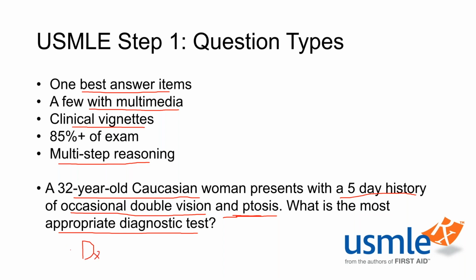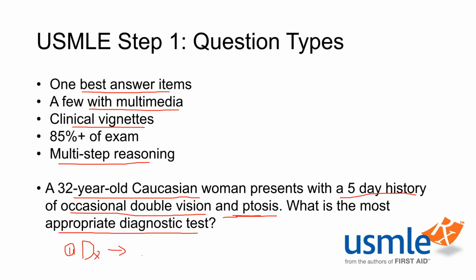So step 1, make the diagnosis. In this particular case, with a young Caucasian woman with the bilateral ptosis and the double vision, the most likely diagnosis is going to be something like myasthenia gravis.